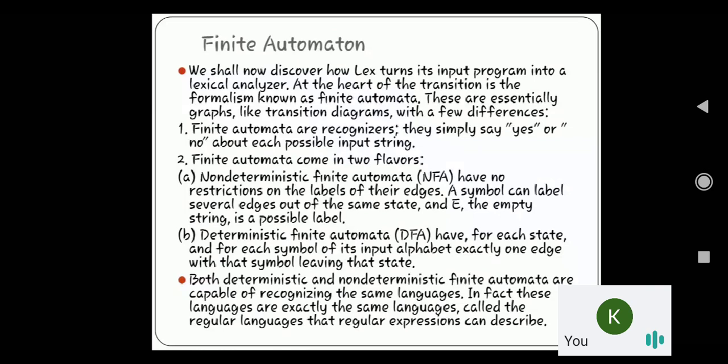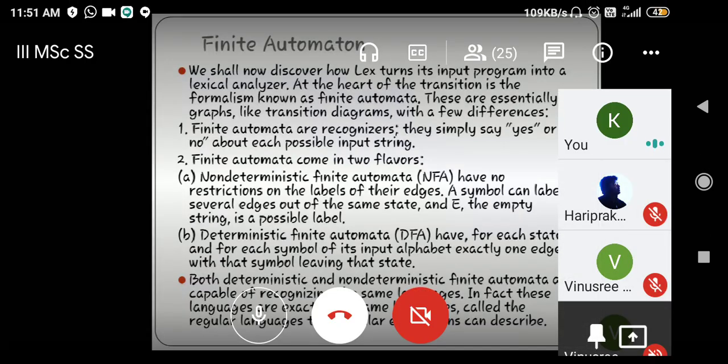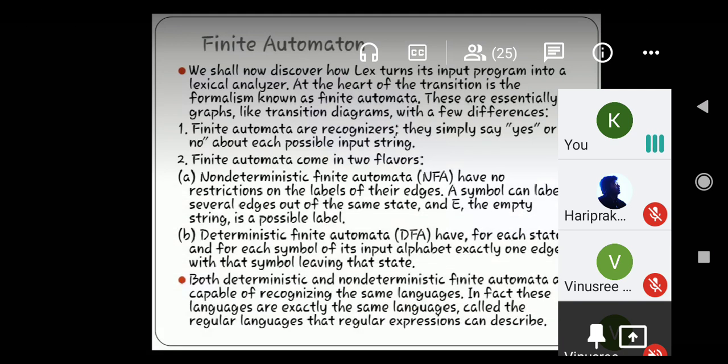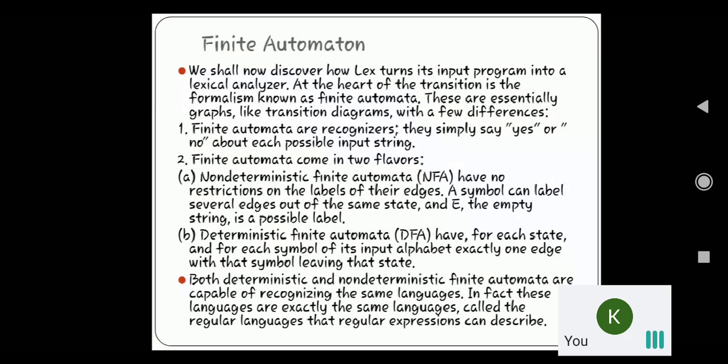If it isn't able to recognize that word, it gives the result no. So this is what happens in a finite automaton. A finite automaton is a recognizer used to recognize keywords or other words, which we call lexemes, or else tokens.